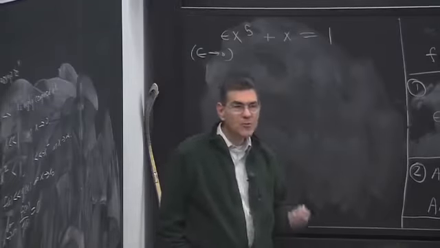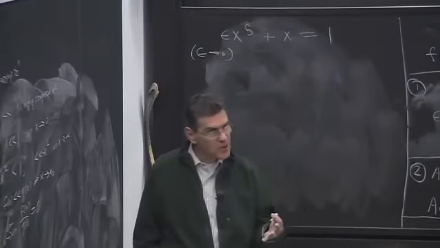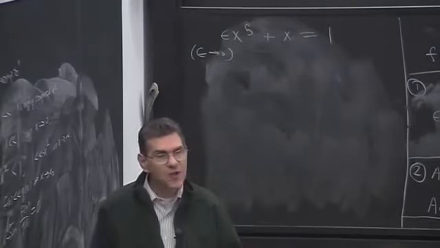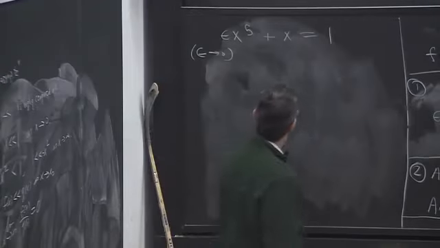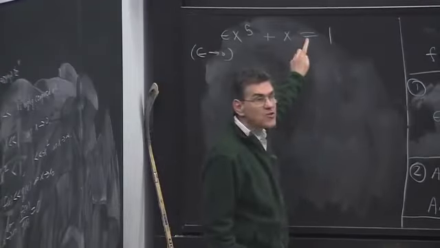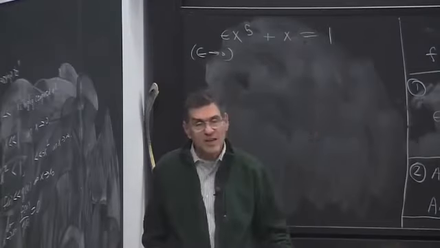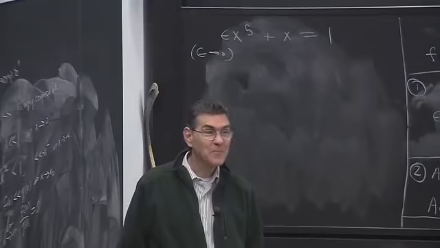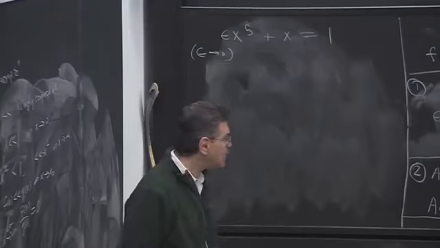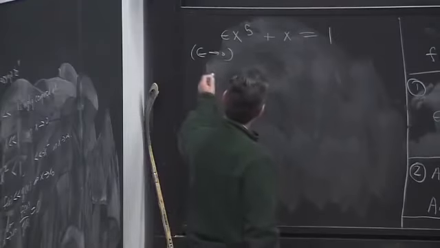Now, asymptotics is fantastic because problems that you cannot solve exactly, problems that you cannot solve when they contain an equal sign, suddenly become very easy to solve when you have an asymptotic sign. So how do you solve such a problem?